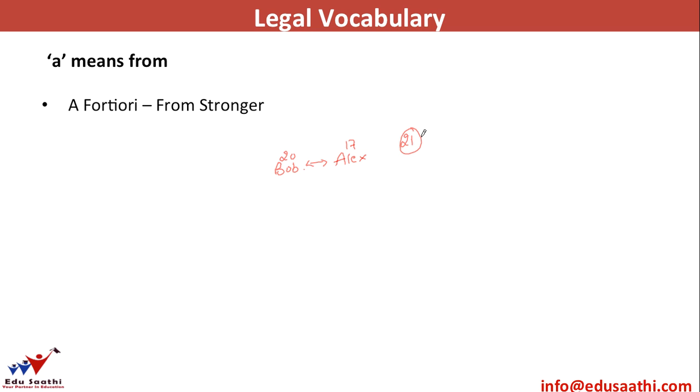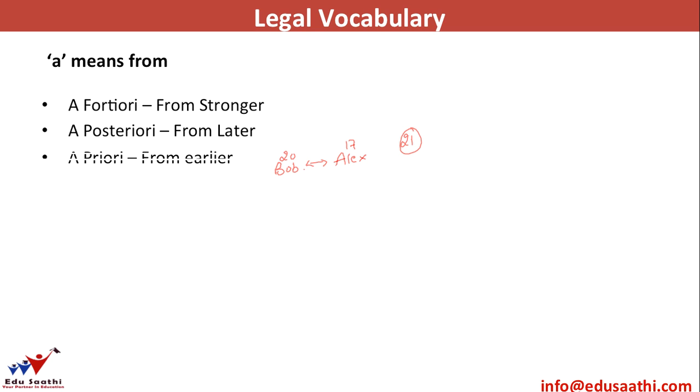That is, it has a stronger reason attached to it, which is that he has an elder brother who is not eligible to apply for the examination. So, if we have anything that has a stronger reason attached to it, we say that the reason is a fortiori. Another word that has the prefix a is a posteriori, which means from later.